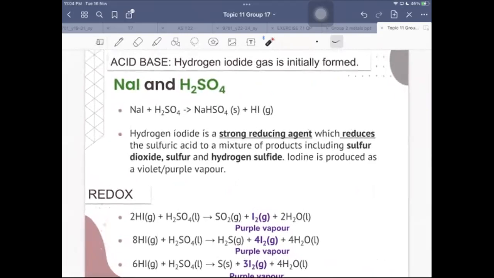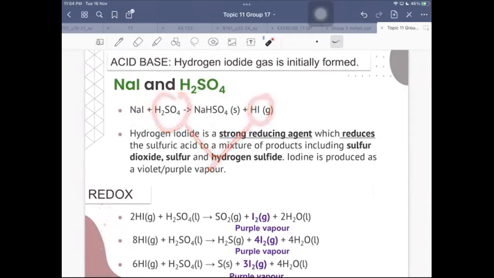Next is sodium iodide and sulfuric acid. Same procedure as in the first part. Your sodium iodide will react with sulfuric acid to form solid sodium hydrogen sulfate, and you form hydrogen iodide gas. Now, this hydrogen iodide gas, as we all know, is the strongest, the most powerful reducing agent. So it will almost vigorously, instantaneously react with the sulfuric acid.